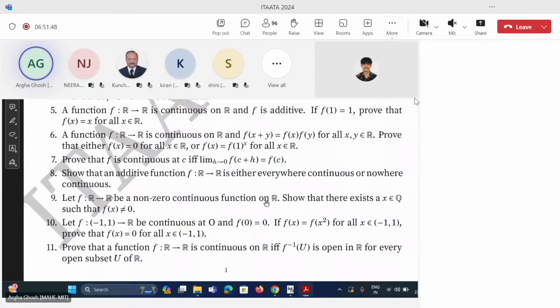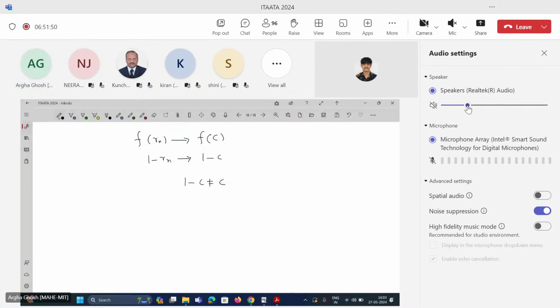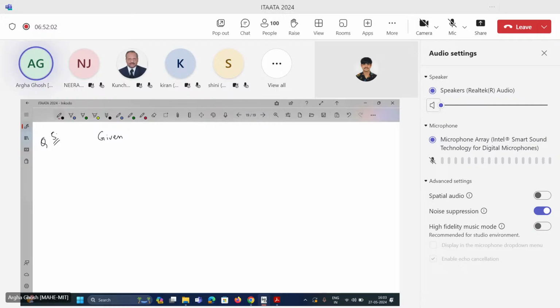Okay, so I'll note here. What are the things given to us? Question number 5. Given that f of x plus y is equal to f of x plus f of y for all x, y belongs to R. This is one fact.